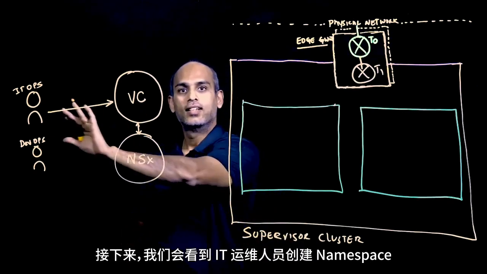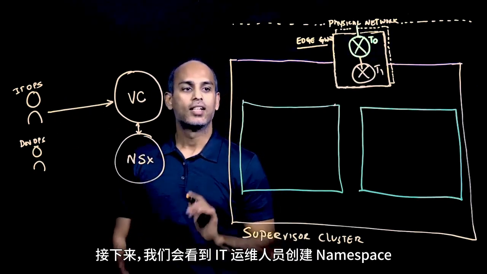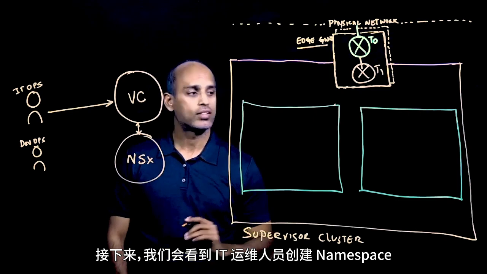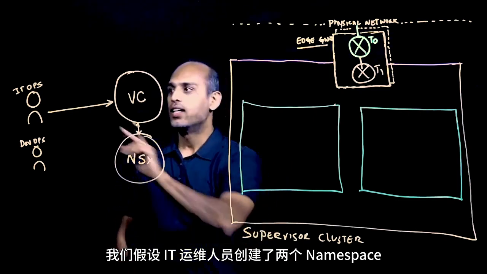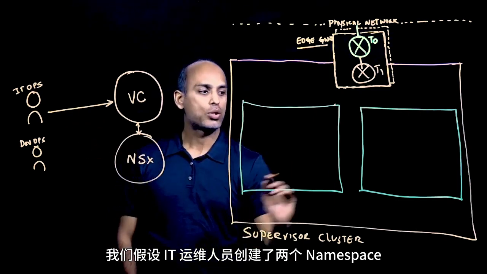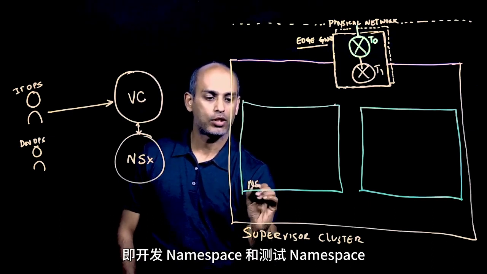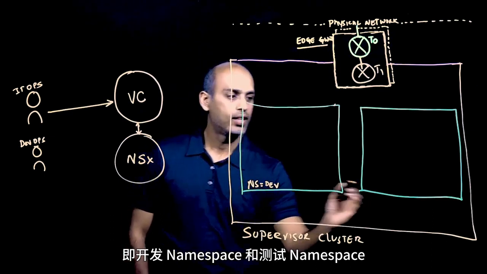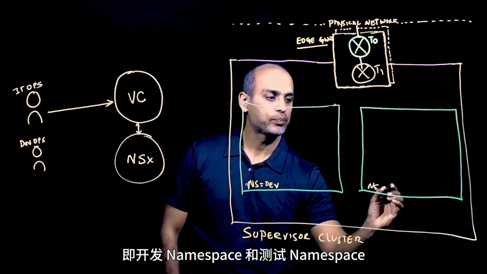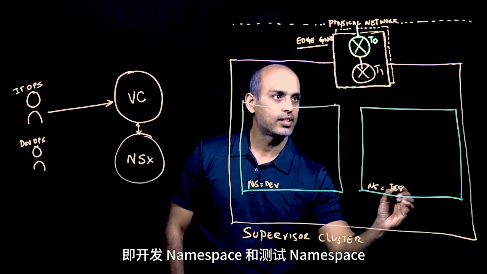The next thing, let's look at what IT ops does, is create a namespace. So here, let's say the IT ops person creates two namespaces: namespace dev and namespace test.